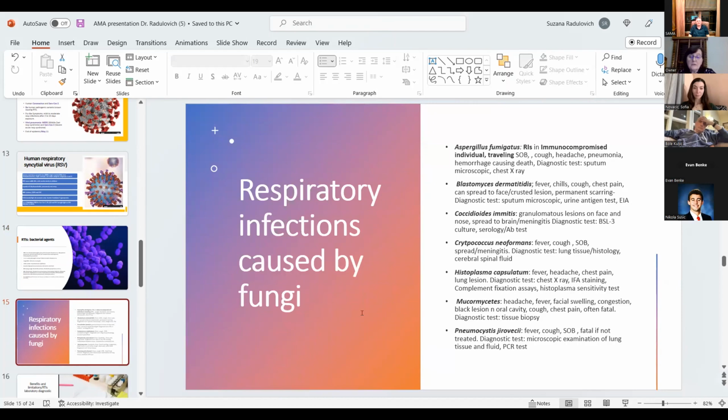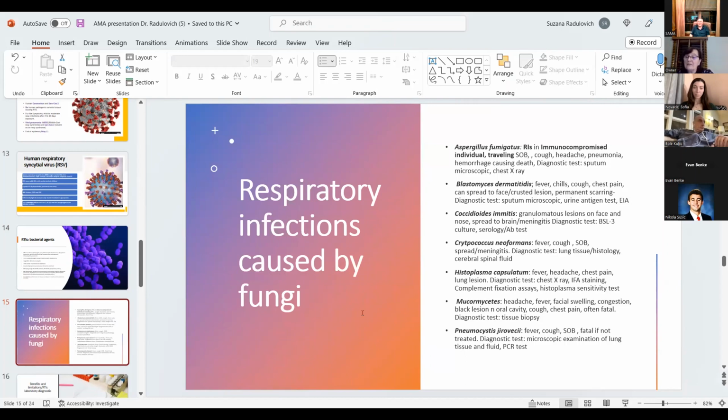In a few months from now, we're probably going to hear more about respiratory infection caused by fungi. In the primary care setting, respiratory infections by fungus are due to Aspergillus, can be Blastomyces, and we often see them in immunocompromised individuals, not in otherwise healthy adults.